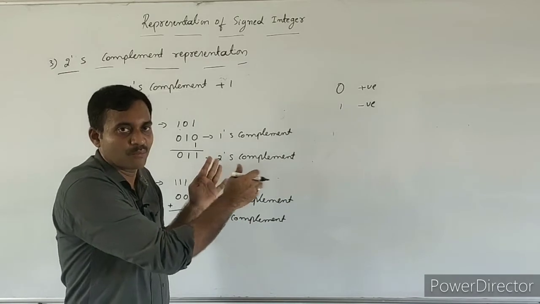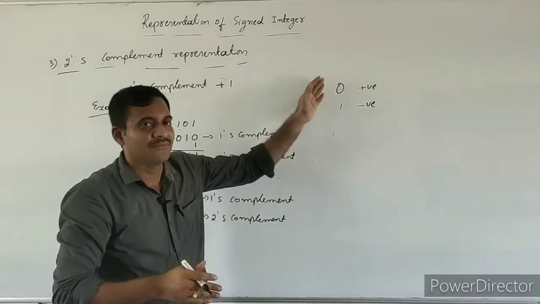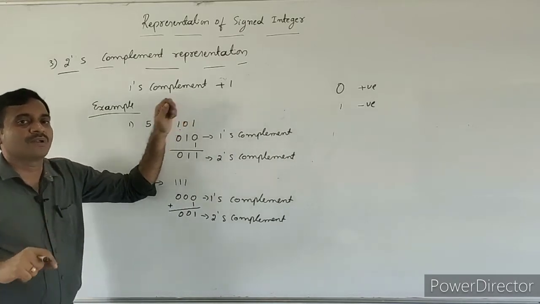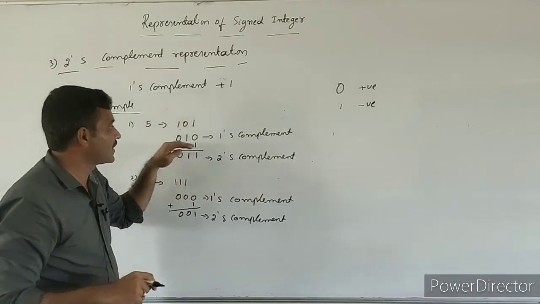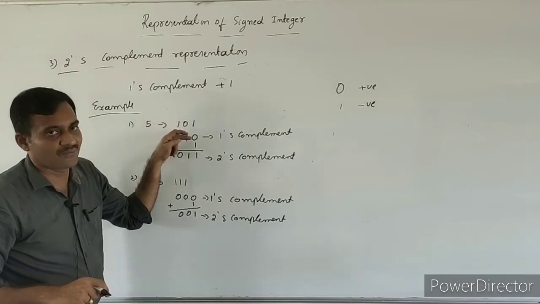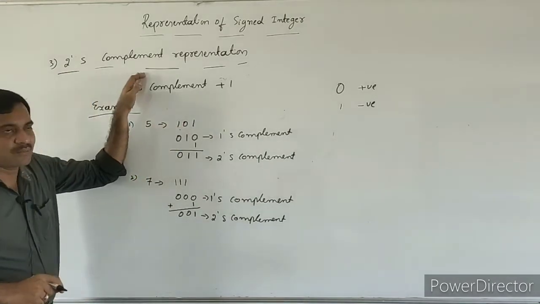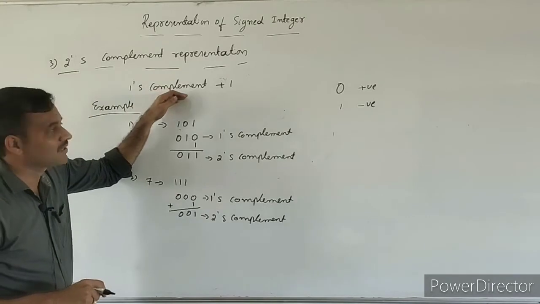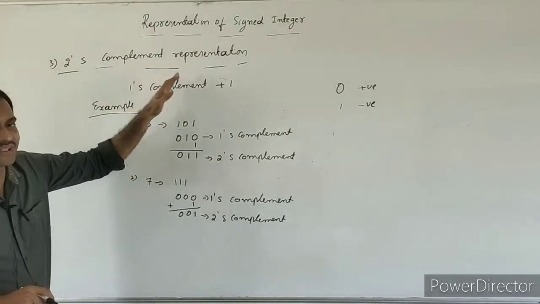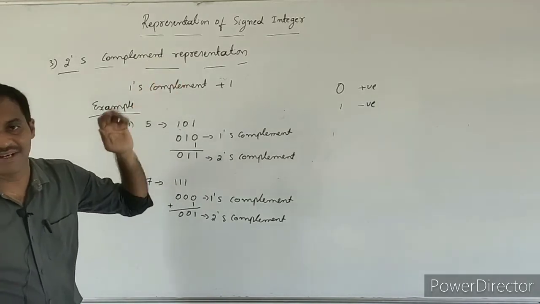The remaining bits are the magnitude. In a 1's complement form, we just replace all 1's by 0 and all 0's by 1. In a 2's complement form, first we find the 1's complement, then add 1 to the least significant bit. These are the three methods to represent signed integers.